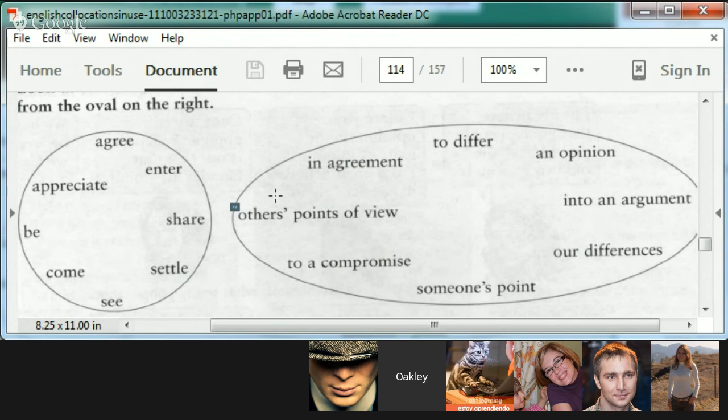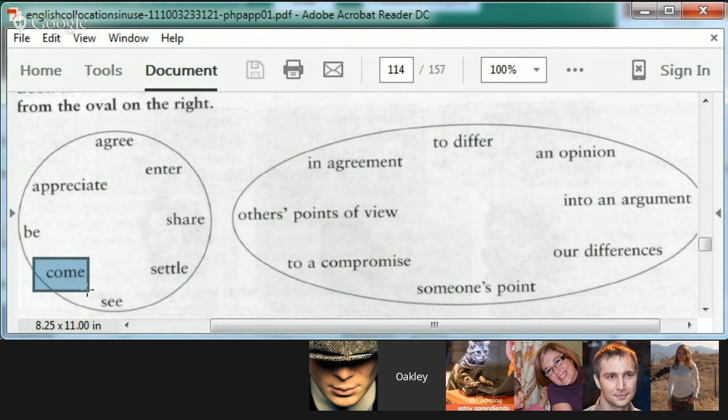It would kind of make sense. Yes, I can see our differences, meaning understand, because of course in English to see something means you understand it. So in that way, yeah, I guess. See someone's point, see others' points of view. You could do that too.